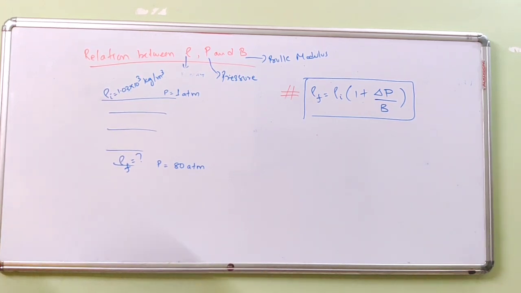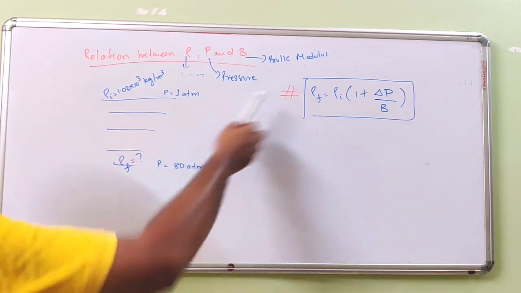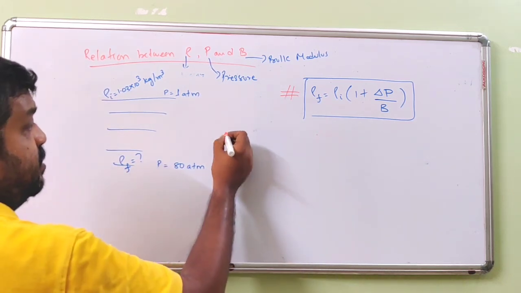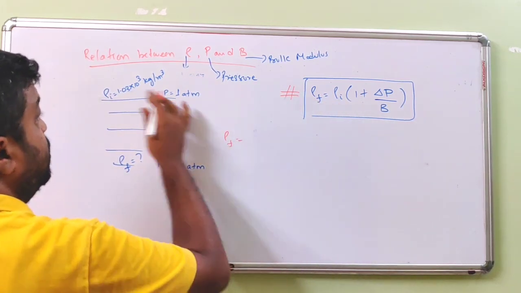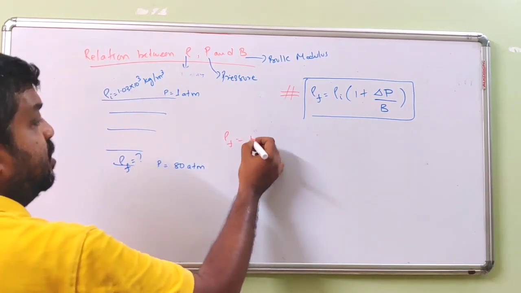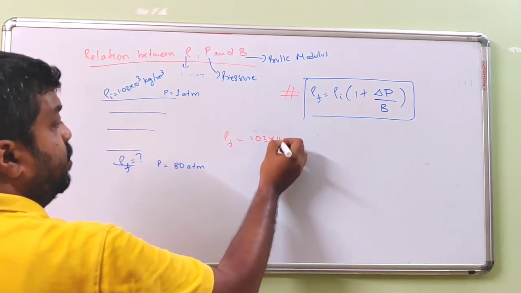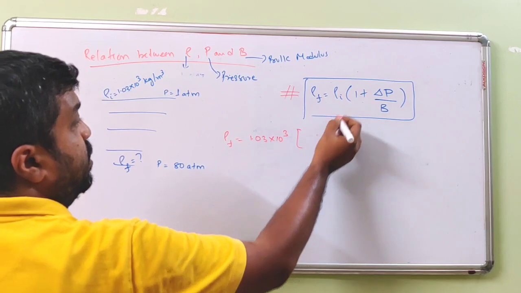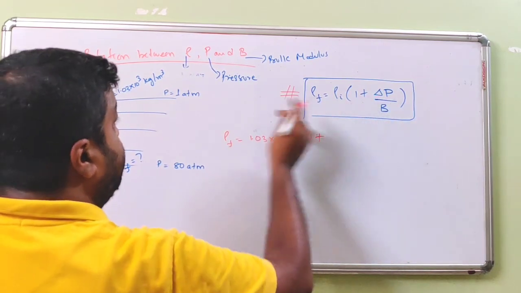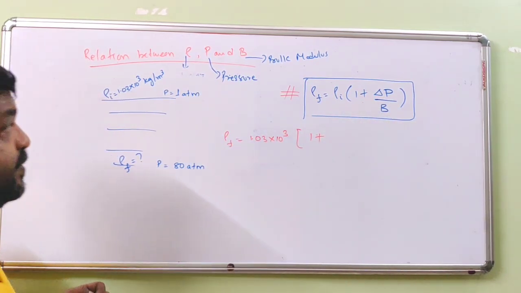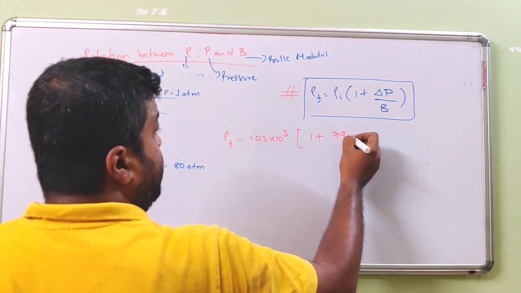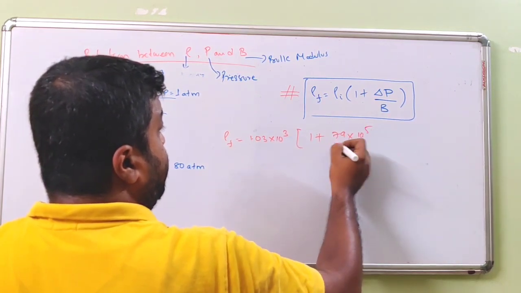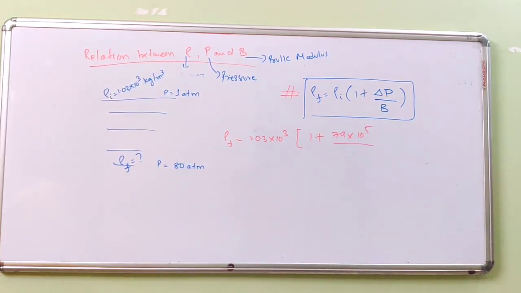Based on the concept we have just discussed, we need to find rho final. Rho initial is 1.03 into 10 power 3, times 1 plus delta P, the change in pressure, 79 atmosphere, so 79 into 10 power 5, divided by the bulk modulus of water.